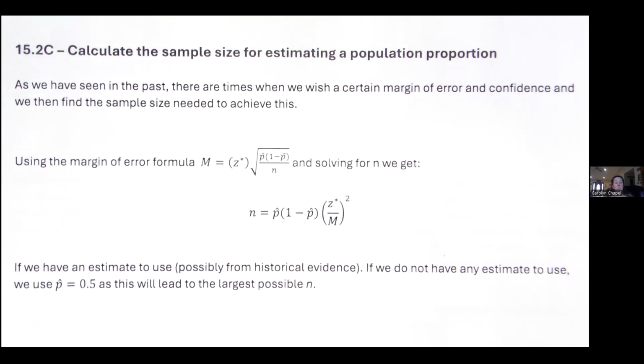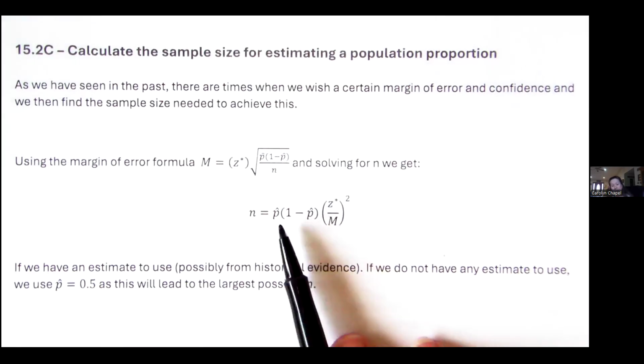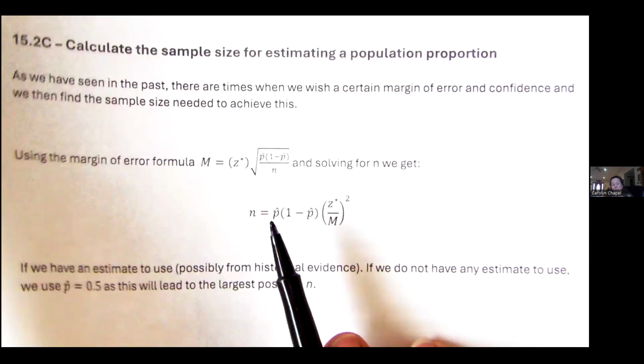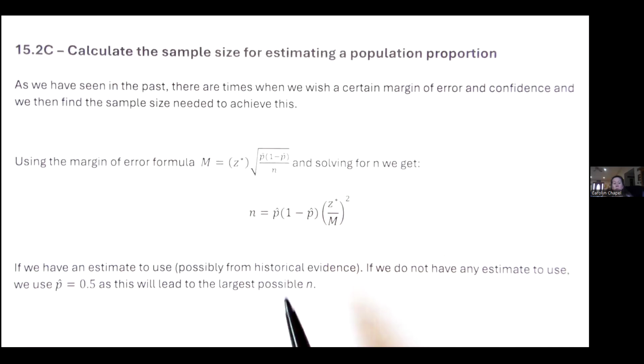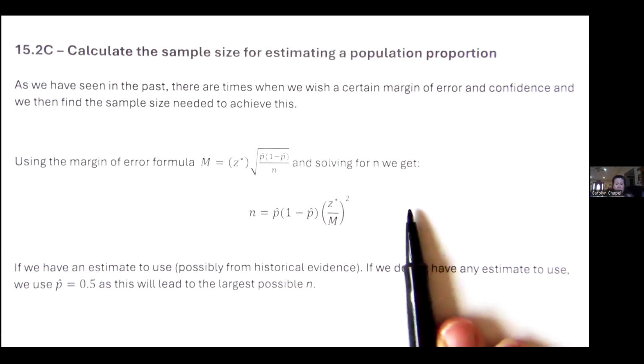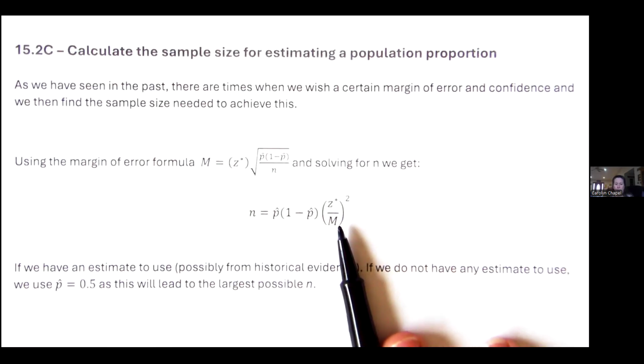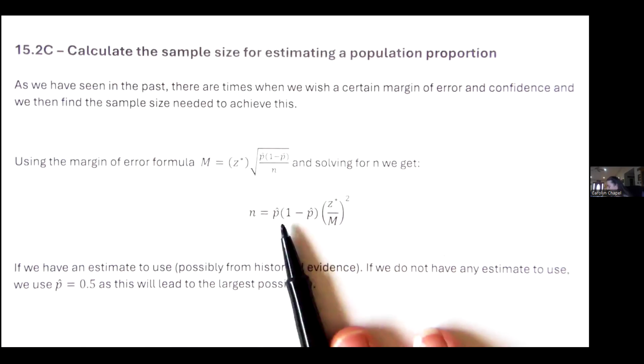And if you use 0.5 for your p hat, it leads to the largest possible n that you could get. So if we have a p, we're going to use it. If we don't have one, we will use 0.5. That's just something that happens in calculus. And if you ever take a calculus class, you'll learn how to do that. And if you want to, come back to this formula and solve it for p to maximize your n.